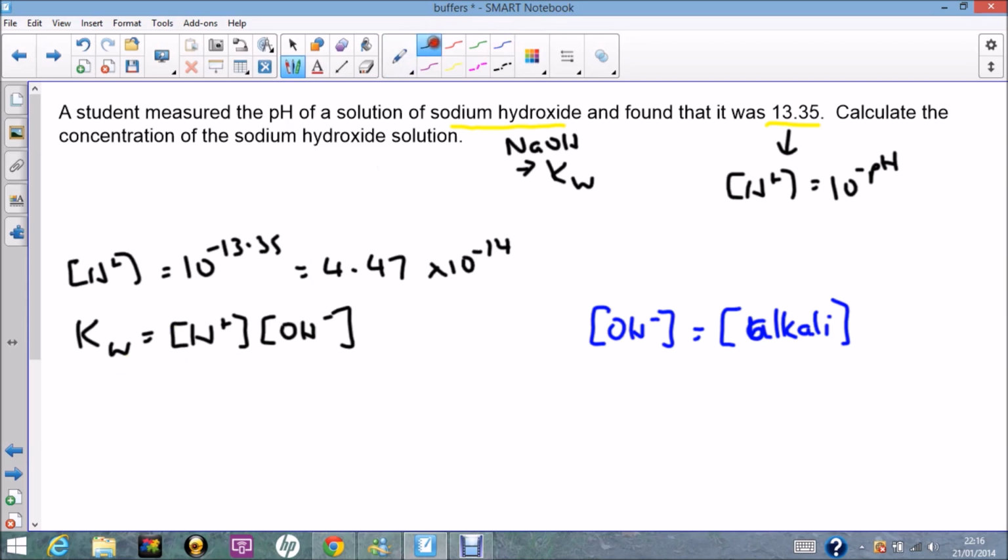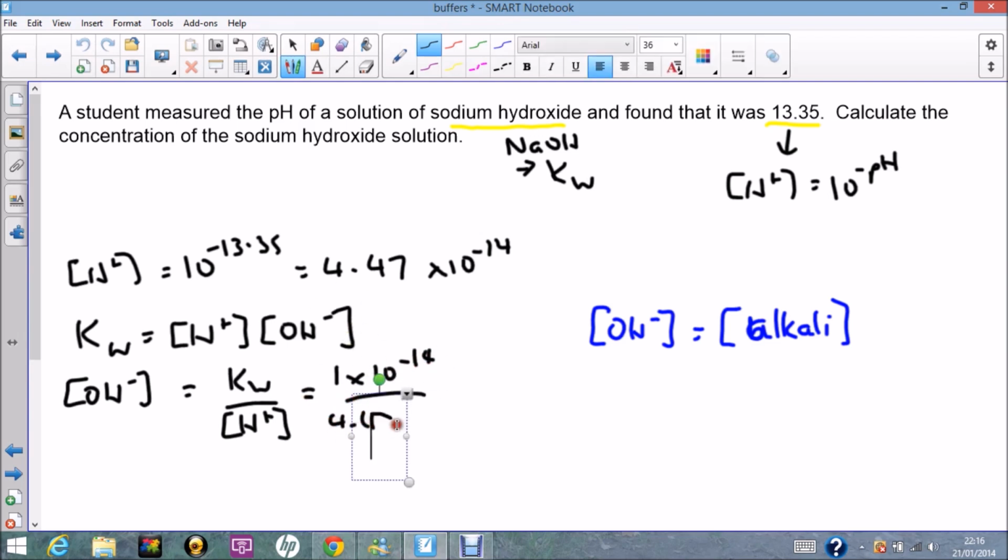So in this case we're going to need to rearrange this to give us the concentration of OH minus. And we're going to put those numbers in. Remember, this number you should have left in your calculator to avoid rounding errors from earlier.